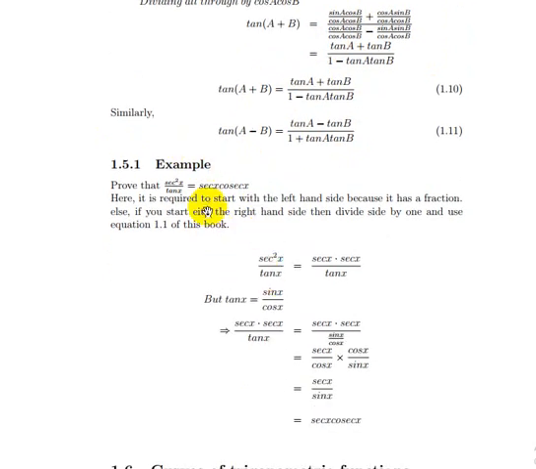Now, example. Prove sec squared x all over tan x equals sec x cosec x. The first thing to put in mind is that when you want to prove trigonometric equations, you must make sure that you are starting from either the left hand side or the right hand side.